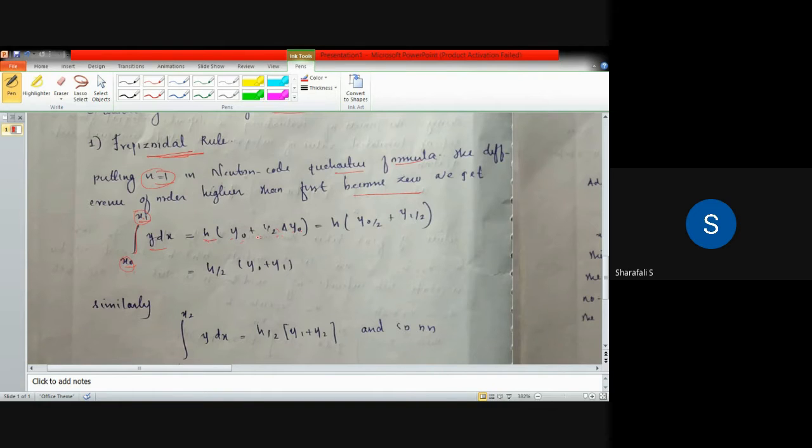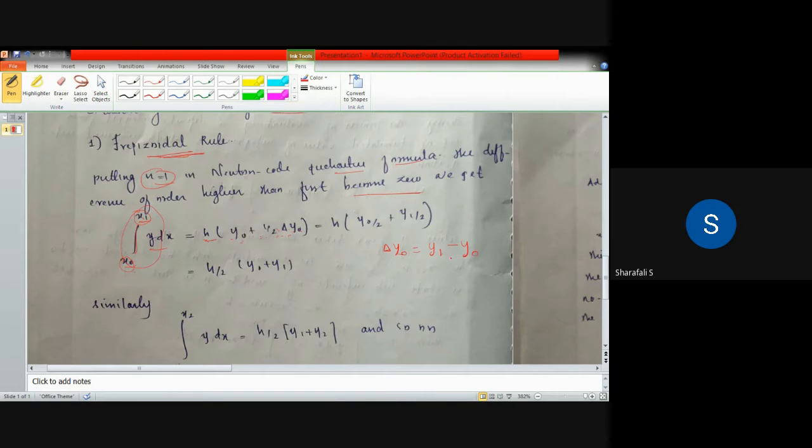So what will happen in this particular case? What is delta y0? Delta y0 is nothing but, in this case, we are varying from x0 to x1. So delta y0 will be y1 minus y0, right?